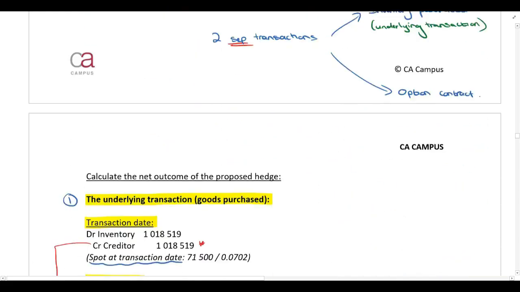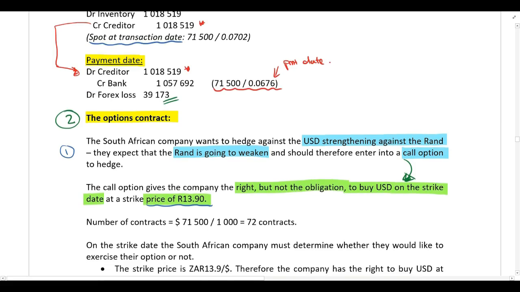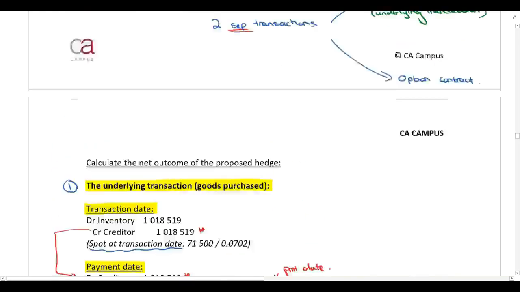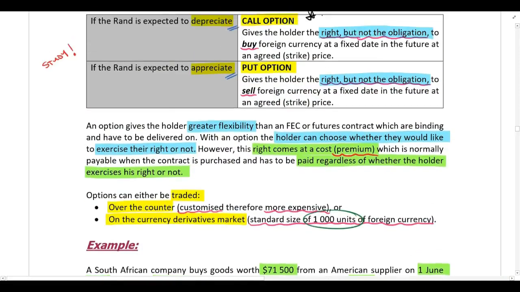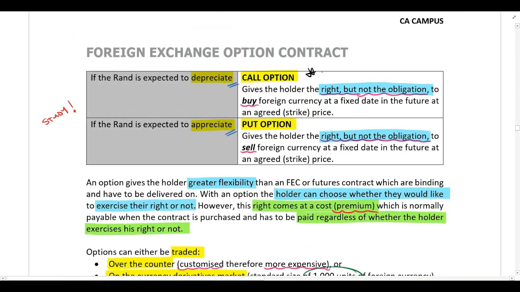So that is what I have included in my solution. They have the right to buy foreign currency or buy US dollars on the strike date at a price of 13 Rand 90. Go back to the rule. For a call option, it gives them the right but not the obligation to buy foreign currency at the agreed or the strike price in the future.